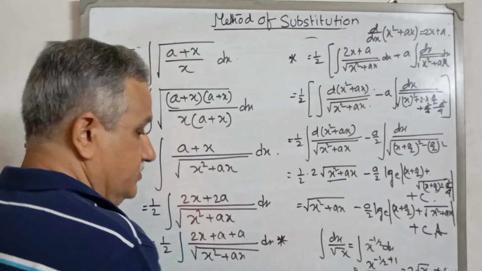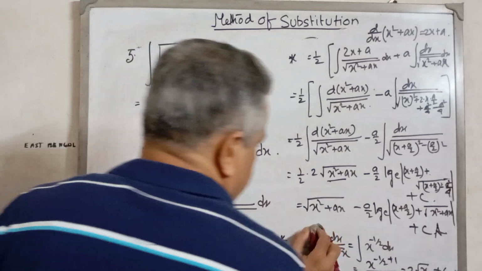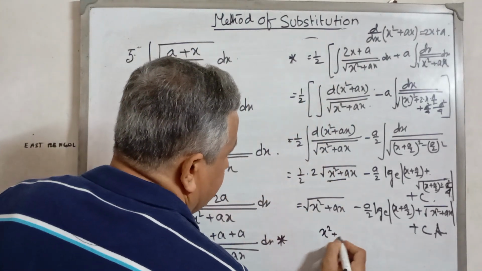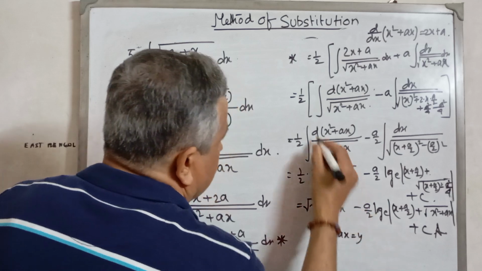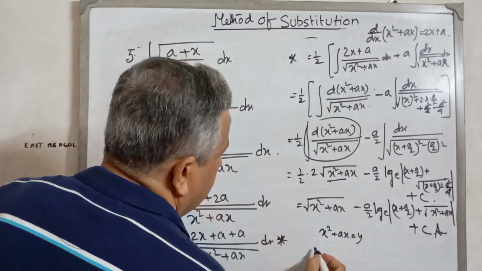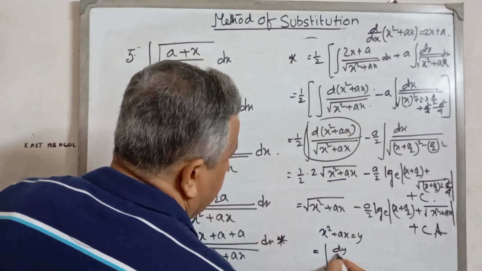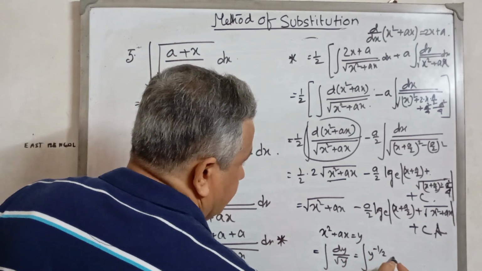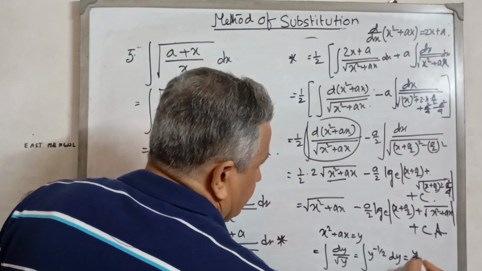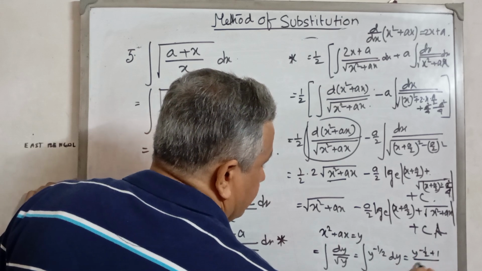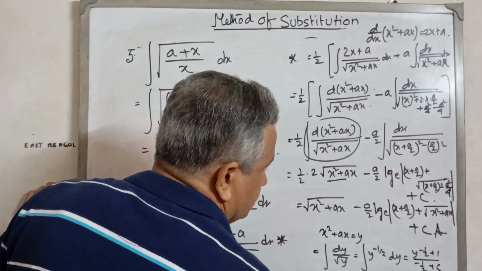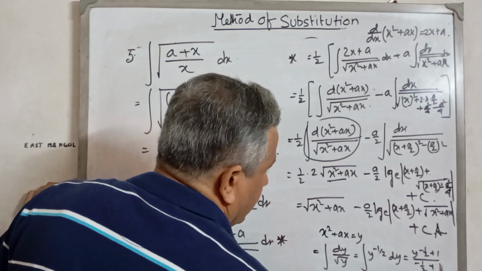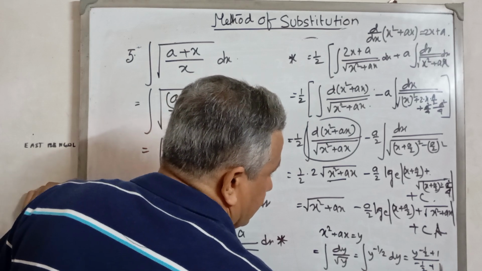If we consider x square plus ax as y, this becomes integration dy by root y, that is y to the power minus half dy, that is y to the power minus half plus 1 by minus half plus 1, that is 2 root over y, that is 2 root over x square plus ax.